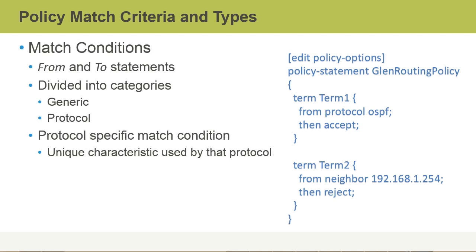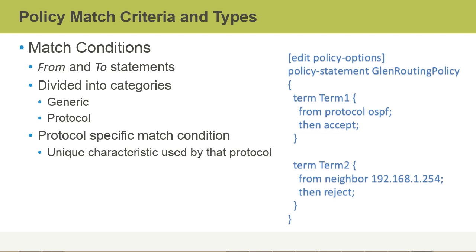The match conditions of a policy are divided up into 2 categories. They're typically generic conditions that are performing generic tests, or protocol-specific tests, such as testing on the actual protocol or testing on characteristics of the protocol itself. Now the match conditions use what we call a from and a to statement to perform the test.